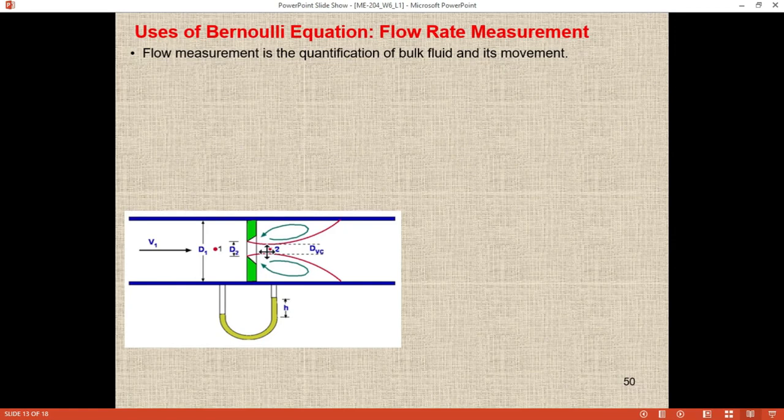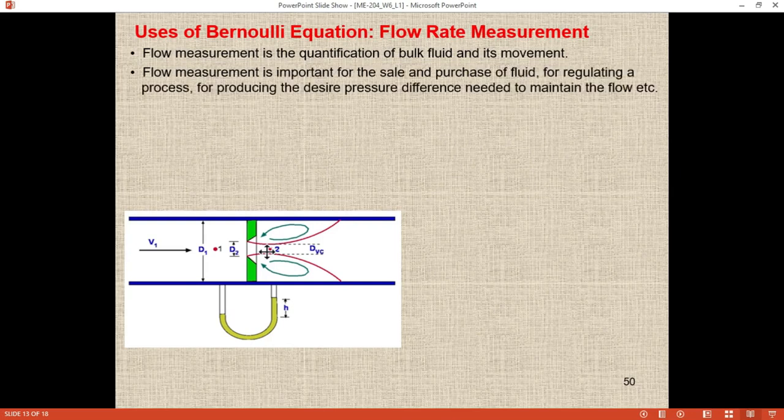So to measure the quantity of fluid, we need a flow measuring device. Also the flow measuring device is important for the sale and purchase of fluid, for regulating a process, for producing the desired pressure difference, and to maintain the flow rate, etc. For the process also, we need to regulate a particular amount of fluid per unit time.